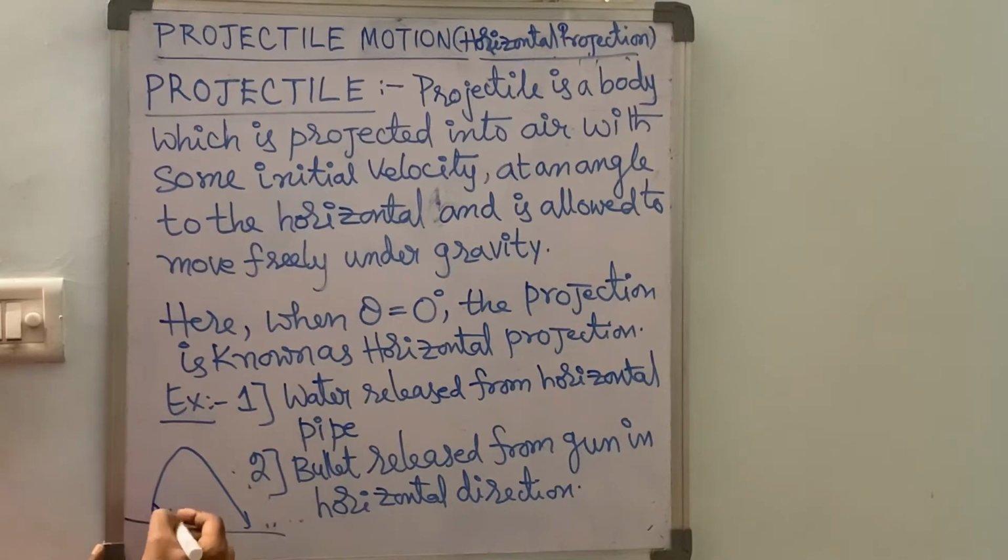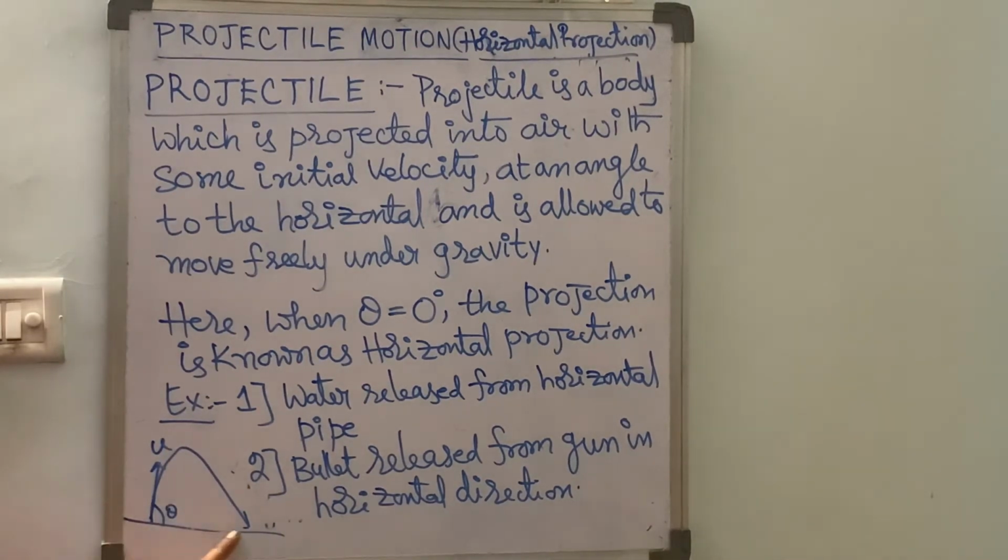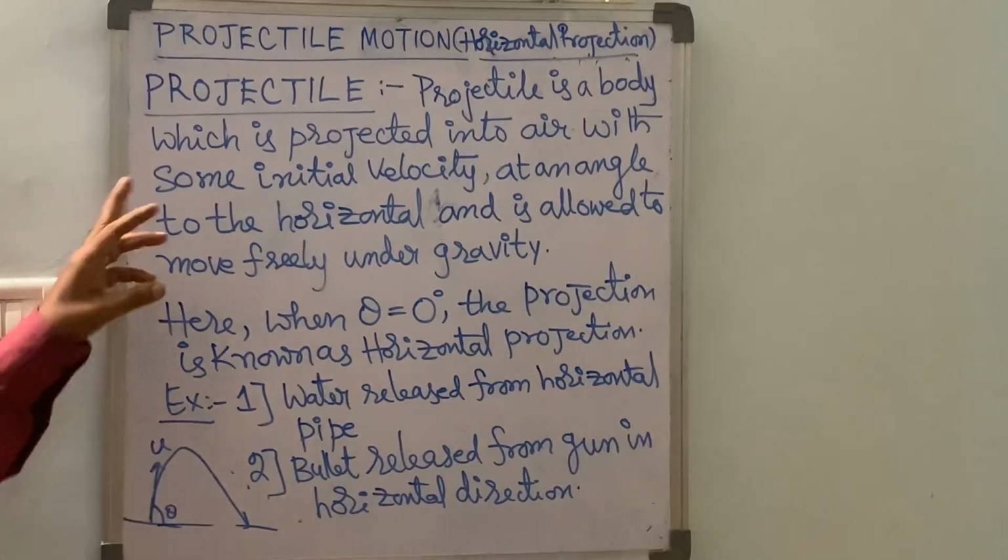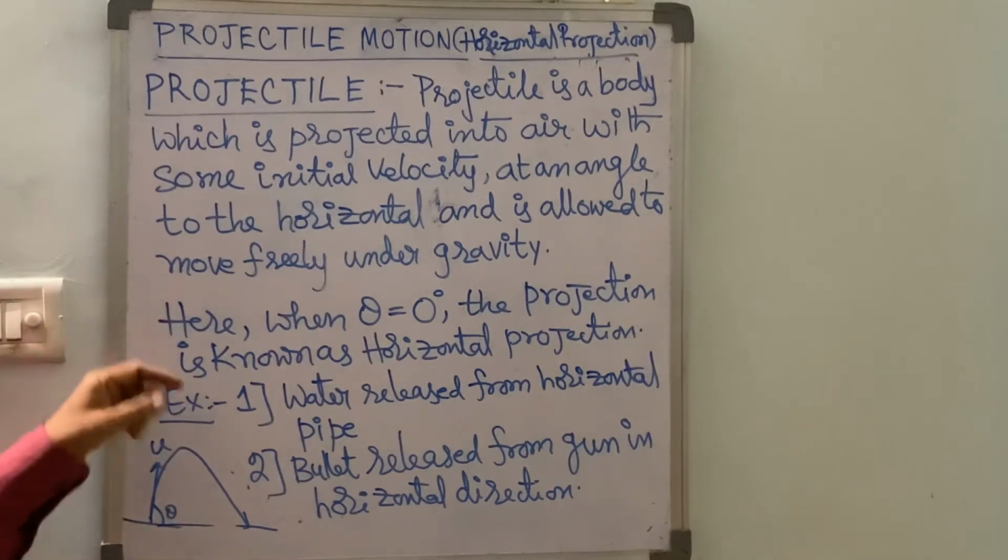It is projected with some angle to the horizontal. So when a body is projected into air with some angle to the horizontal direction, it is called an oblique projectile or simply a projectile.